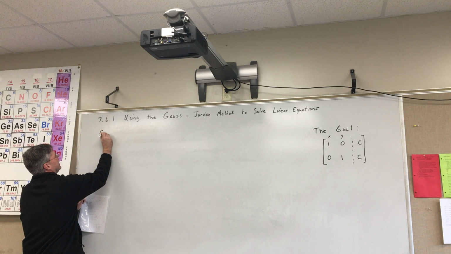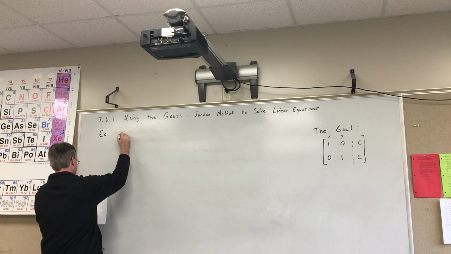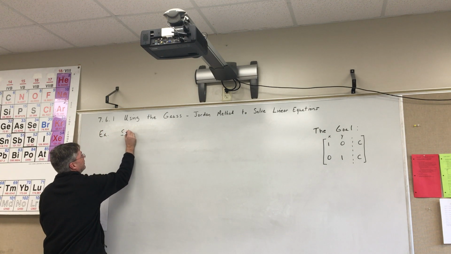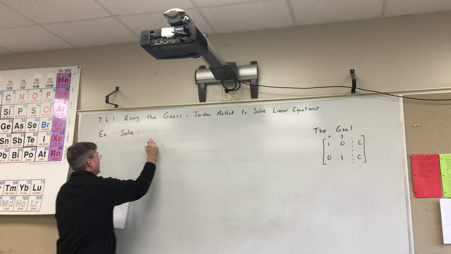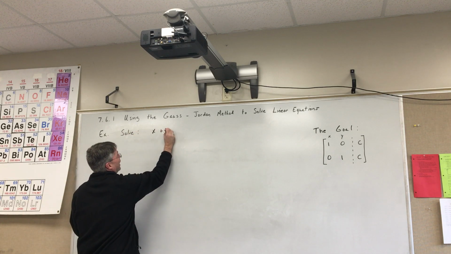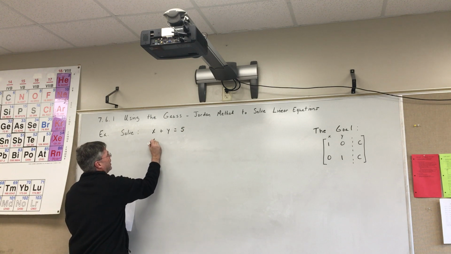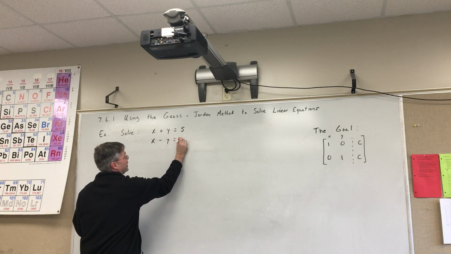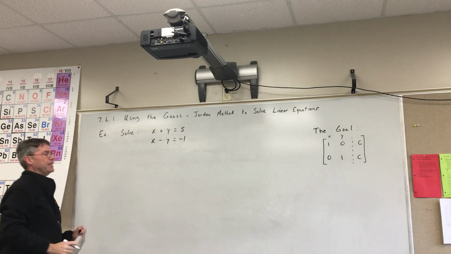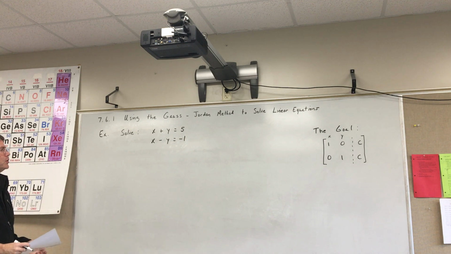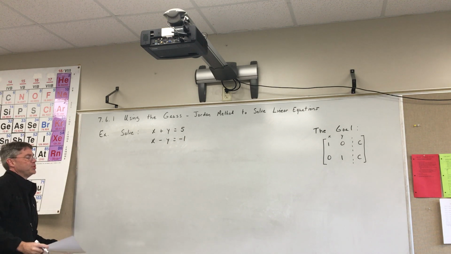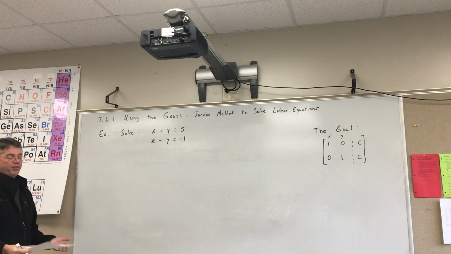All right, our first example is to solve this system. x plus y is equal to 5, and x minus y is equal to -1. So that'd be a pretty easy system to solve with substitution, but I want to start out with a fairly easy example.